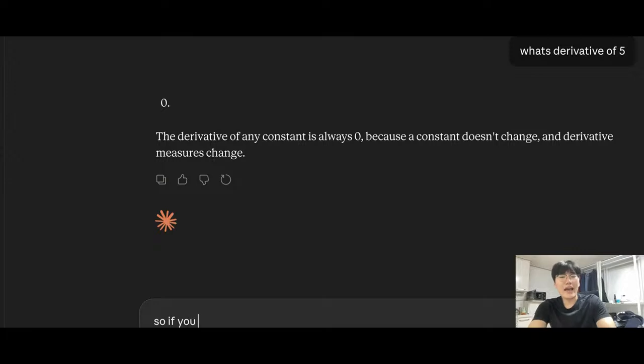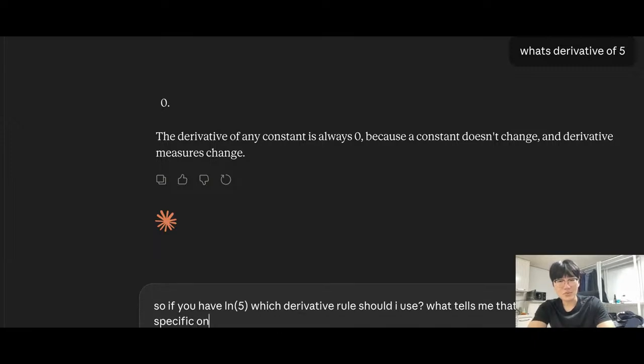And if you use another method, it goes. So if you have ln 5, which derivative rule should I use? What this tells me is that I should see the specific one.